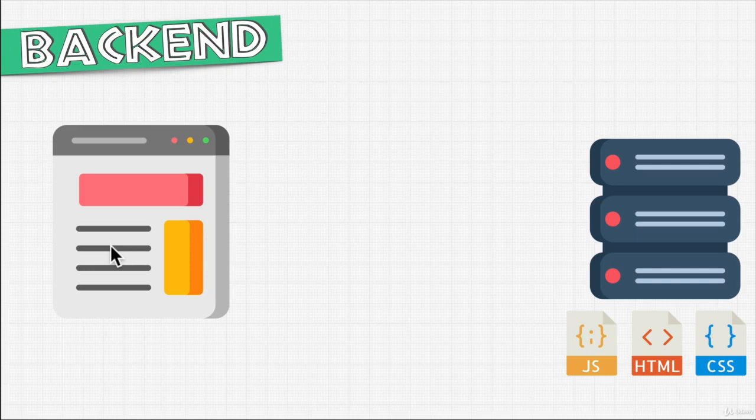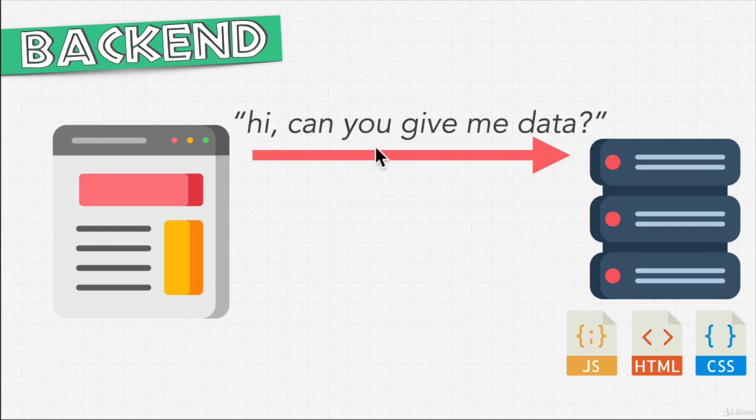When I go to google.com, what I'm doing essentially is telling the browser, hey browser, go find google.com. And it's going to go find where Google has their servers, and it's going to say, hey, can you give me data? Can you give me your Google information? Maybe the Google logo, maybe the search bar.